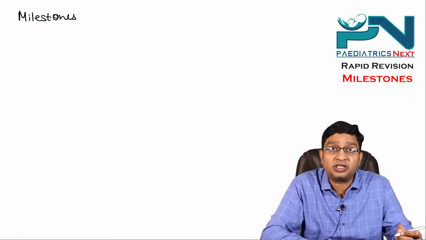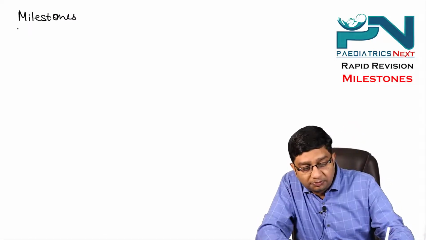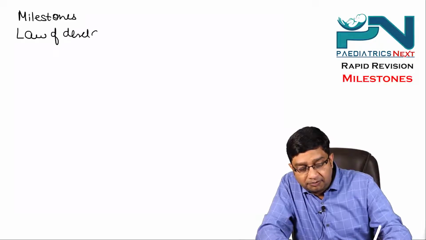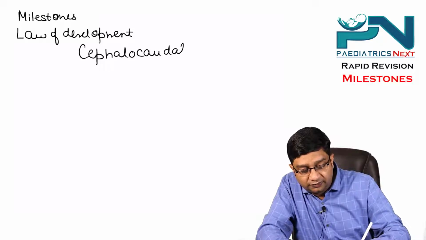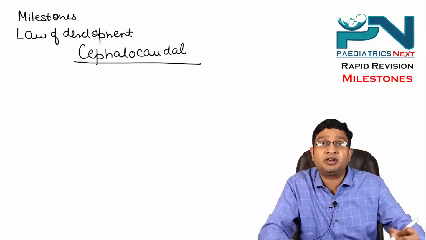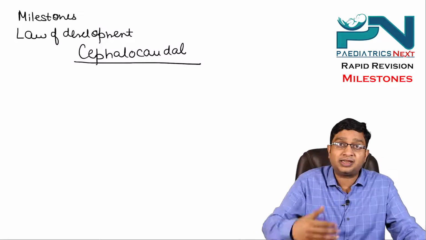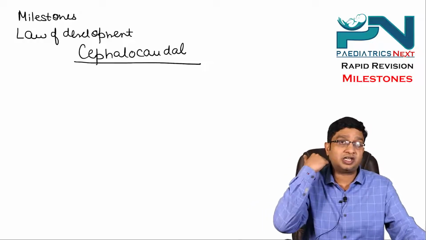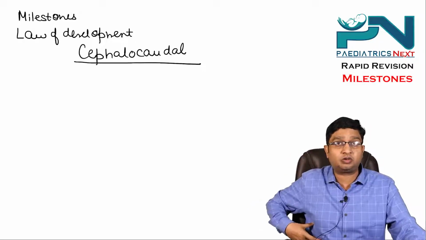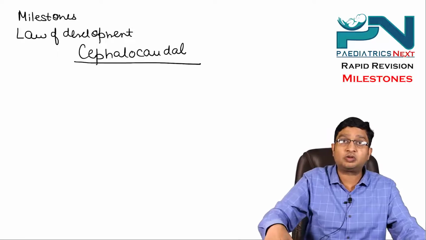Now when we say milestones, it is a component of development, and you should remember there is a law of development that the milestones come in a cephalocaudal direction. So this will be very helpful. First there is neck control, then chest control and sitting, then leg control and standing.